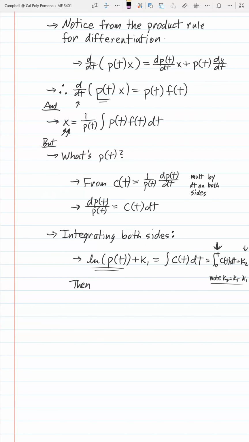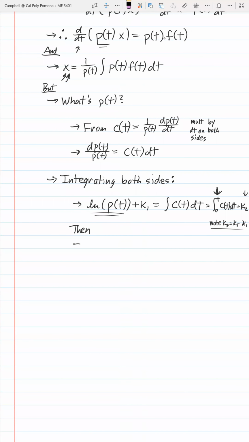So then we have p of t is equal to, so I took K1 over, so then I can take the exponential function of both sides, the inverse of the natural log. So then I just recover p of t, but that means that the entire right-hand side is raised to the exponential function.